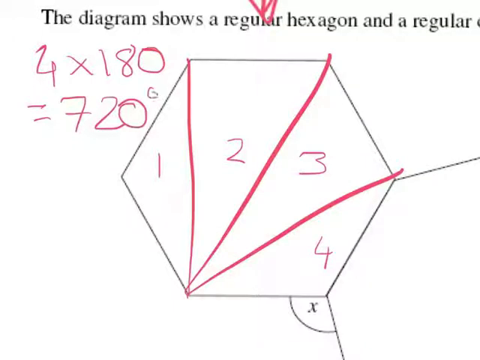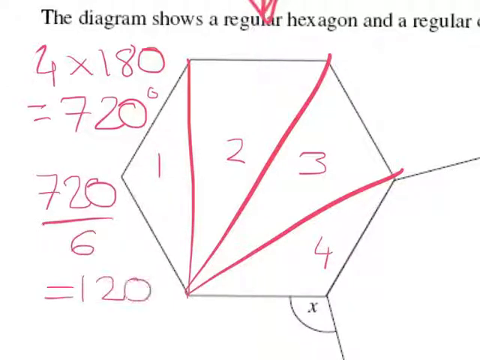That amount is the total of the internal angles of a hexagon. If we want to know one angle of a regular hexagon, we just divide this by the number of corners, the number of vertices. So divide by 6, and that equals 120 degrees. So each angle, 1, 2, 3, 4, 5, 6, has an angle of 120 degrees.